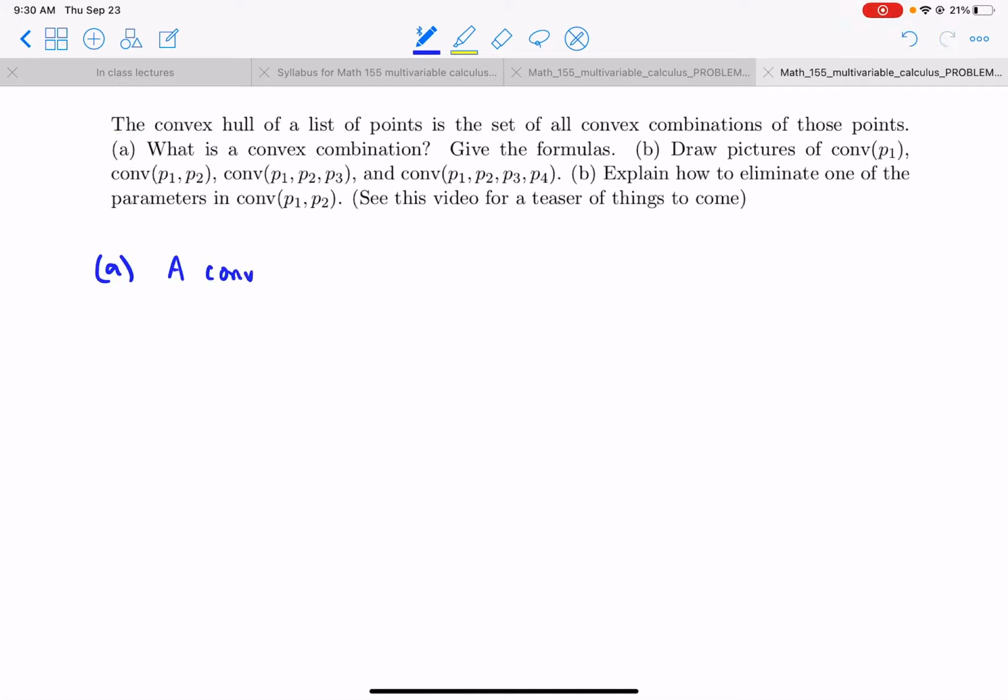A convex combination, this is important to say, of vectors or points P1 through Pk, some number of them, is a linear combination.